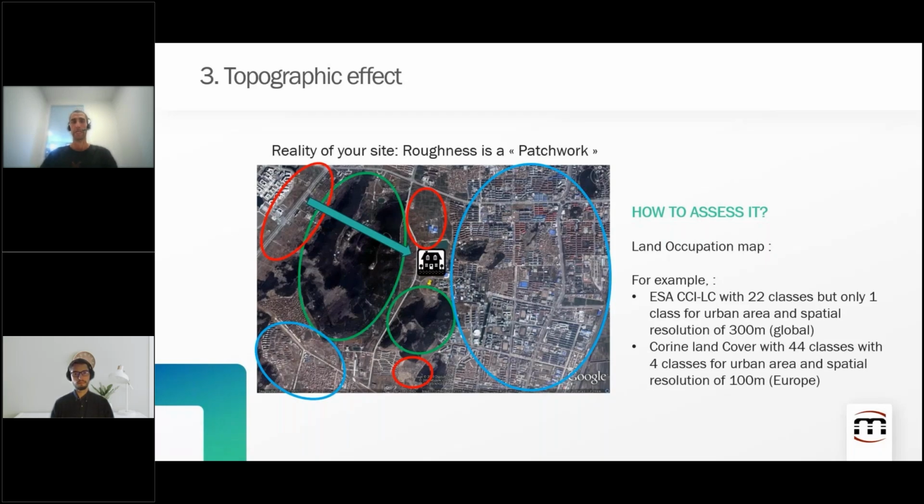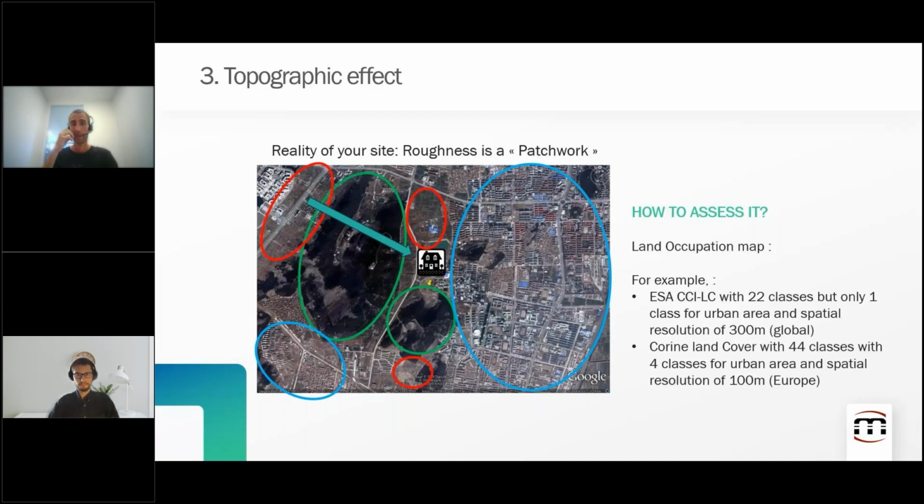We have in Europe a program called Corine Land Cover, which has existed for a long time, that covers Europe with 44 classes and 4 classes of urban area, with a resolution smaller than 100 meters. So it's very interesting.